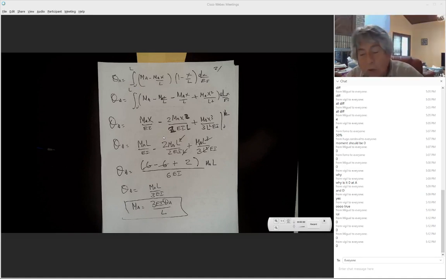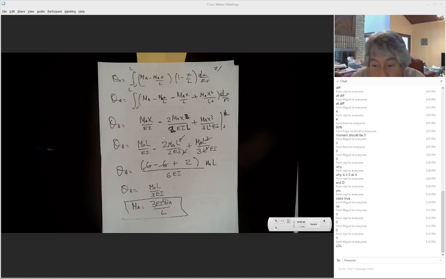If you are in a situation that you don't know what to do with your life, that you want to drop the course, that you are desperate, moment distribution will save your life. So make sure that on Wednesday, come on time, pay attention, and ask questions, because moment distribution will solve any indeterminate structure quick, and it's an approximation, but it's a very good approximation.